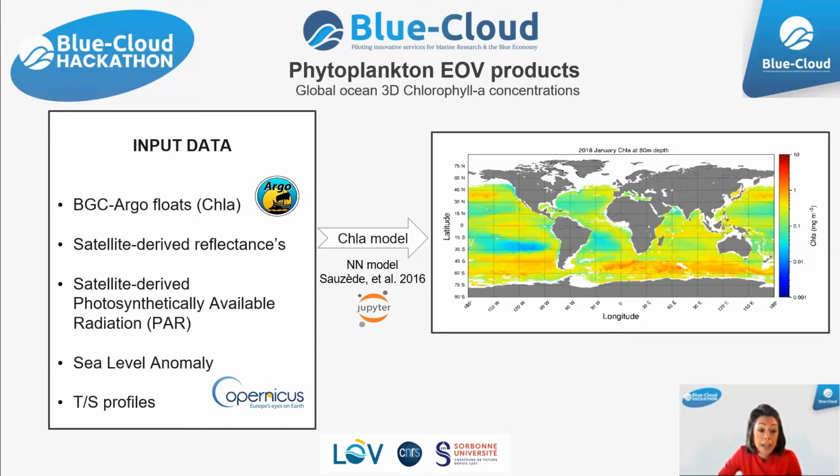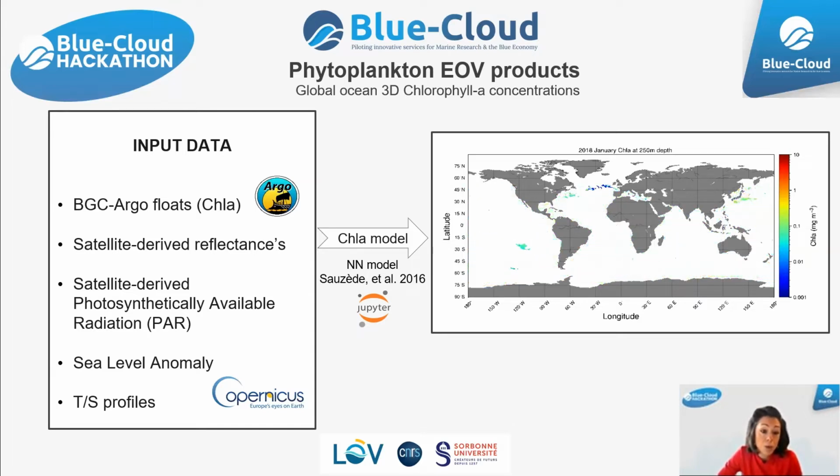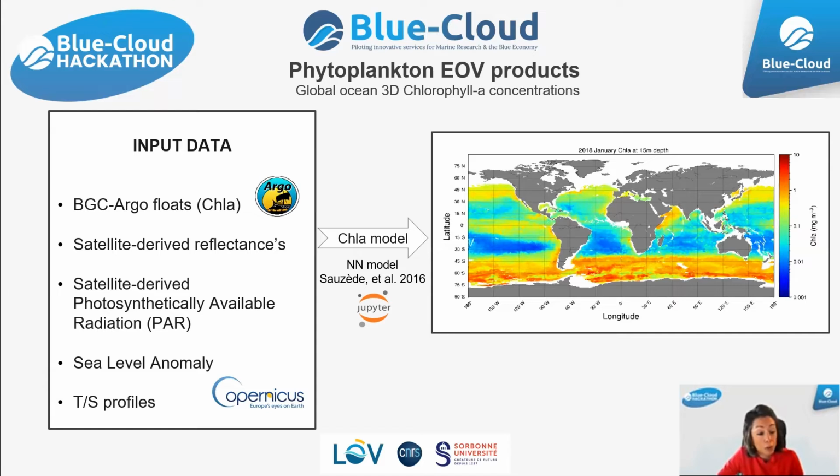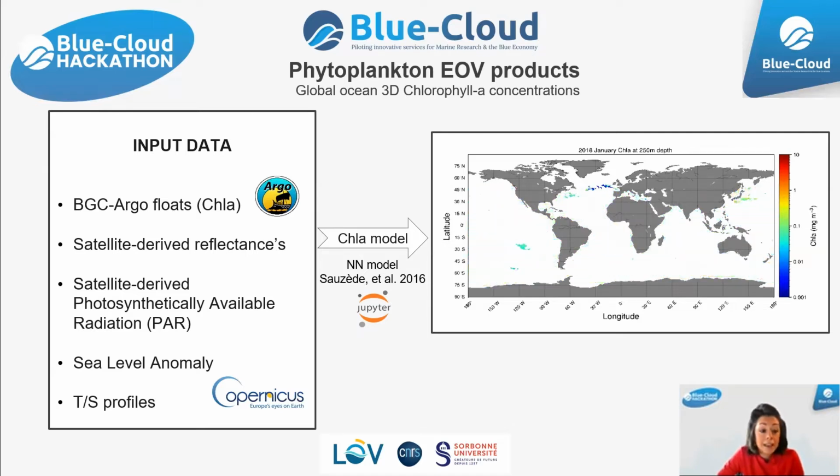So for this, we can see a set of input data in this box where we have used Argo and Copernicus products like biogeochemical Argo floats for the chlorophyll A concentration, satellite-derived reflectances, satellite-derived photosynthetically available radiation or PAR, sea level anomaly, and temperature salinity profiles.